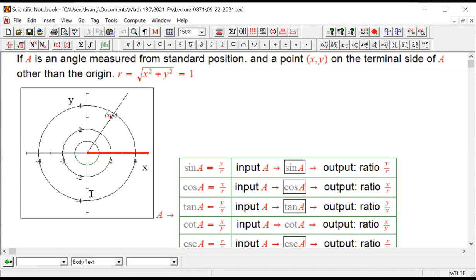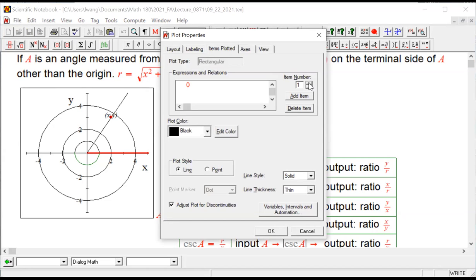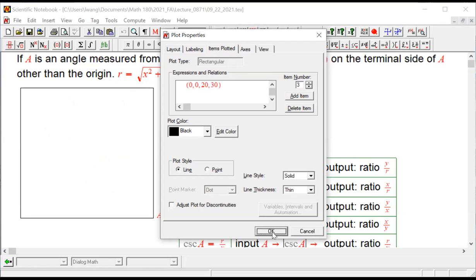All the ratios are going to stay the same. And what I'm going to do with this picture, I will forget about all these other circles. I'm only going to save the unit circle.